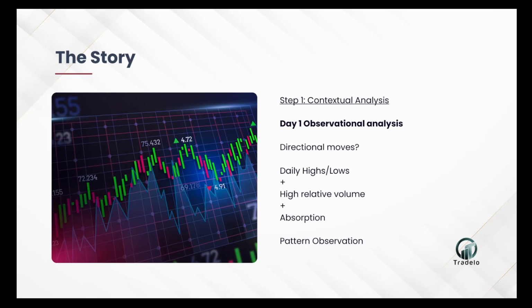Obviously nowadays, with Sierra Chart and the likes, and a couple of great platforms out there, you can do all this with very, very smart tools. Now note, I recommend that every trader follows step one, observational analysis. Why? It's very simple. When you look at trading through the lens of observational analysis, it forces you to think and interpret things in your own way. Not the way that Brannigan says, not the way that the textbook says.